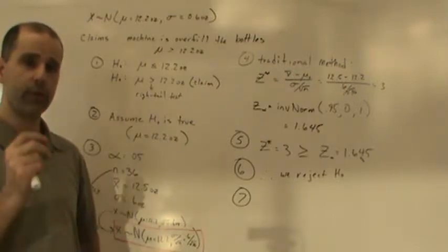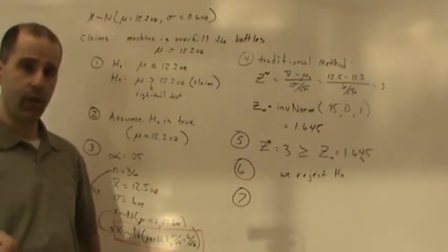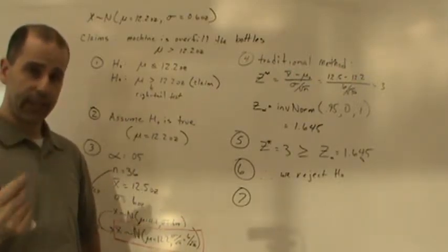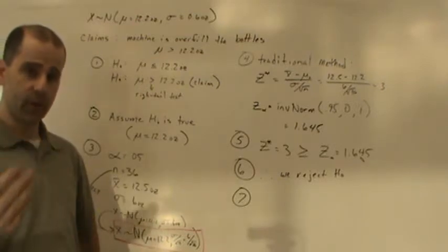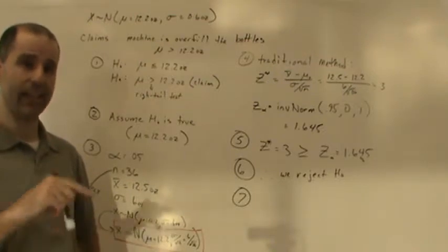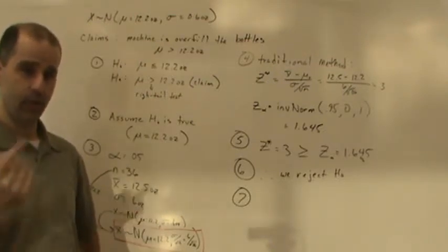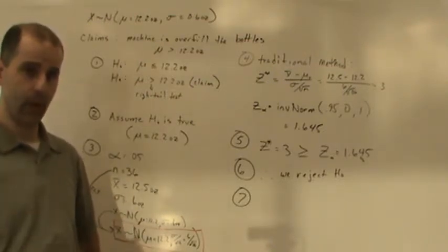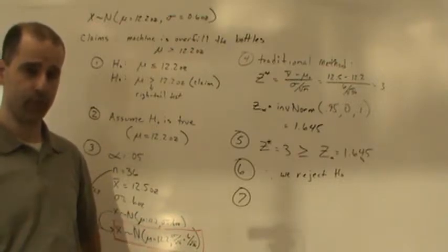Either there is going to be strong evidence or significant evidence or sufficient evidence to support the claim, or the other conclusion is that there is not enough evidence to support the claim. Okay, or there is no significant evidence to support the claim.